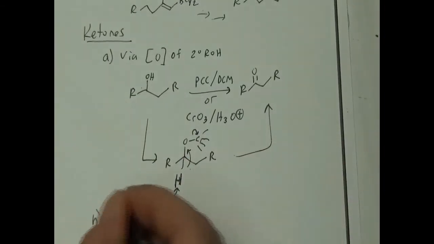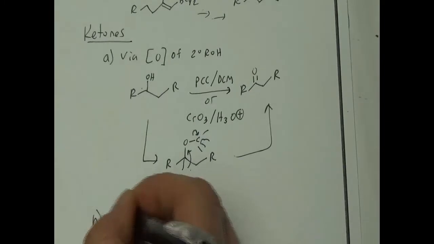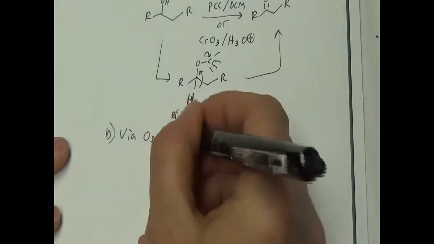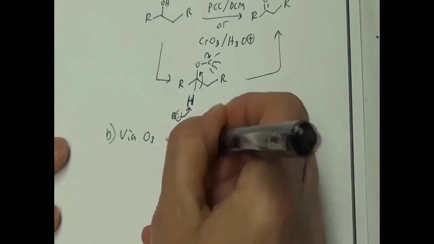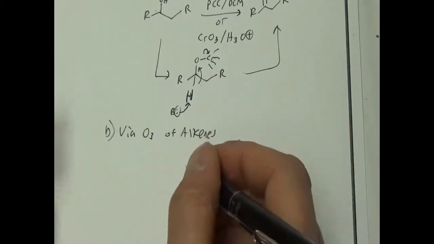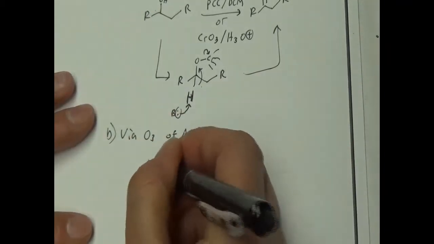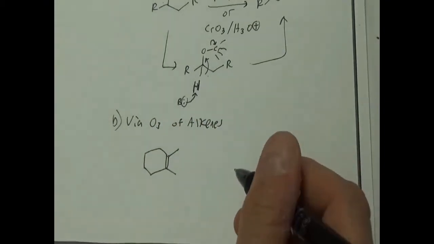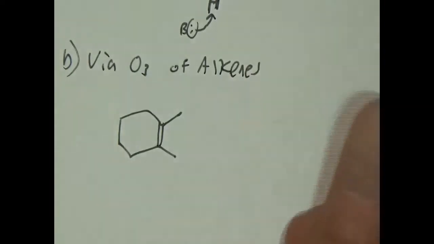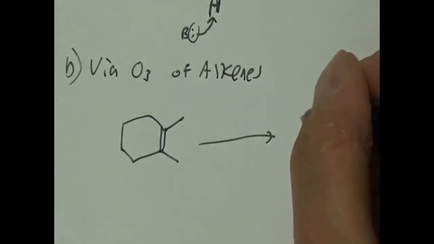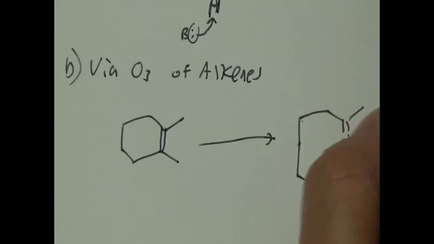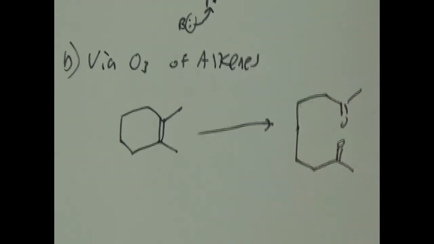Alright, so then we can also do ozonolysis, O3, of alkenes, just the same as to make an aldehyde. Let's make it really exciting and have an alkene with a couple methyl groups. Of course. Looks something like that.